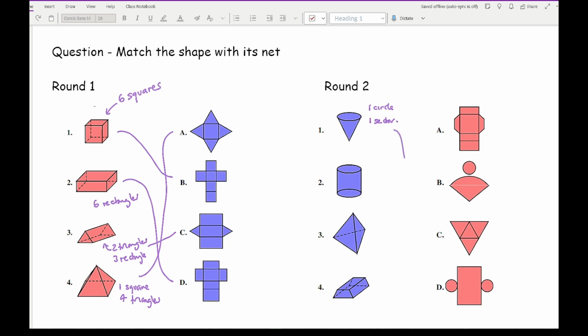And so that one is going to be B. With a cylinder, we've got 2 circles and we've got a label that goes around the cylinder, so that's going to be a rectangle, and that's going to be option D. With 3, we've got a tetrahedron, so we're looking for 4 triangles, in which that's going to be C. And then here we've got a trapezoid, which is the trapezium-based prism, in which that's going to be A. So here I'm looking for 2 trapeziums and 5 rectangles.